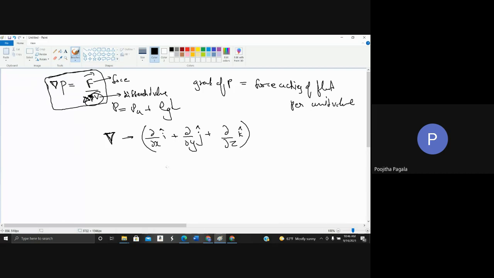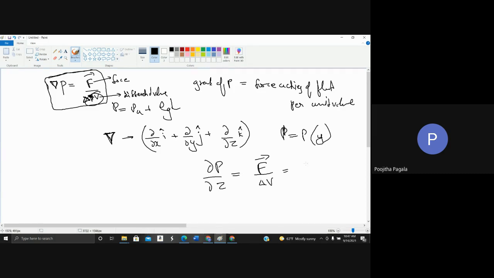So let us assume that we are only worried about the vertical coordinate because we want to know how the pressure is varying with the depth. And let us say there are no pressure variations in the x and y directions. So pressure is a function of z only. So when you apply this to del of P, you will get dou P by dou Z is equal to F divided by delta V.